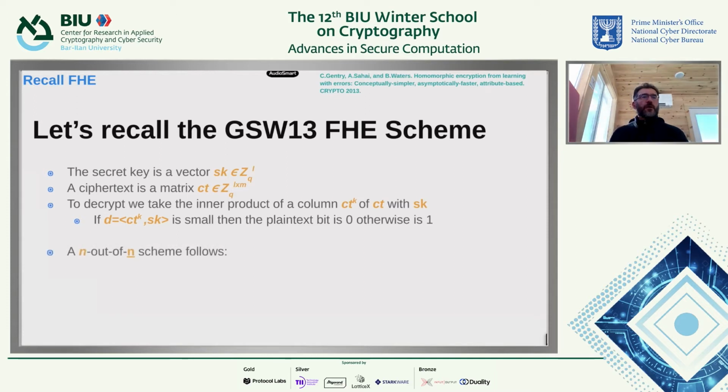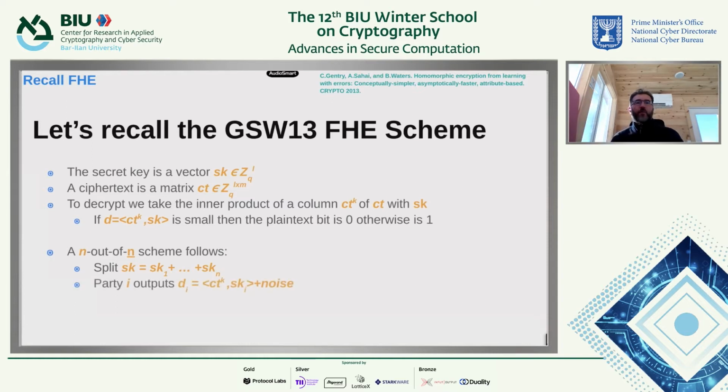So you can do an N-out-of-N scheme pretty, I wouldn't say simply, but it's not that complicated either. You take your vector and you split it into N-out-of-N additive shares.